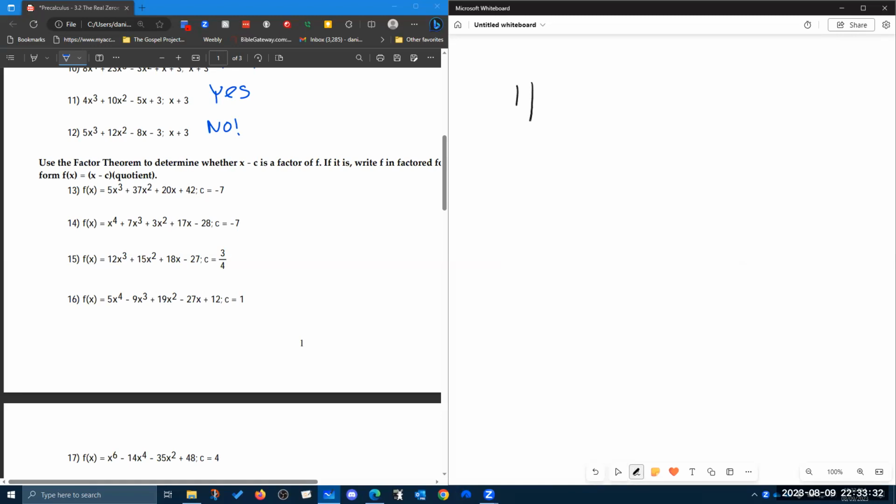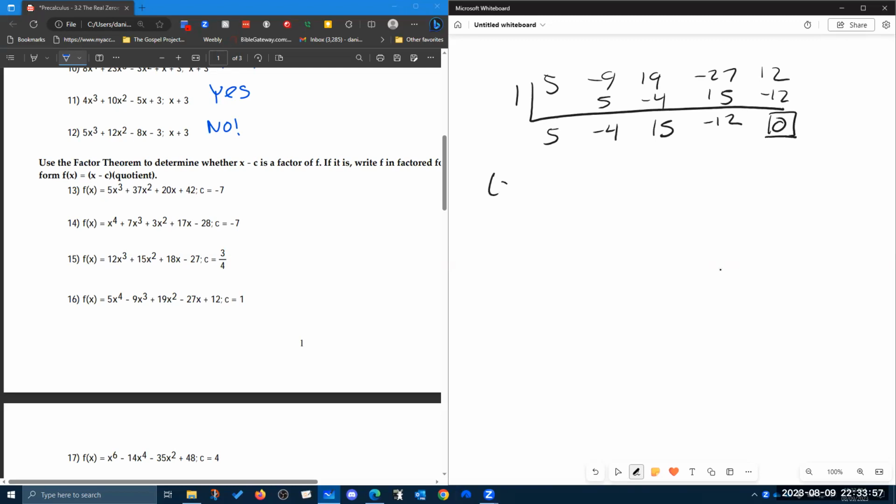And we've got 1 on the outside, 5, -9, 19, -27, and 12. Multiply and add, multiply and add, multiply and add, multiply and add. So that makes this x minus 1 times 5x to the third minus 4x to the second plus 15x minus 12.